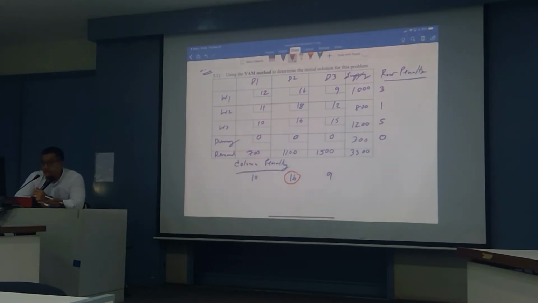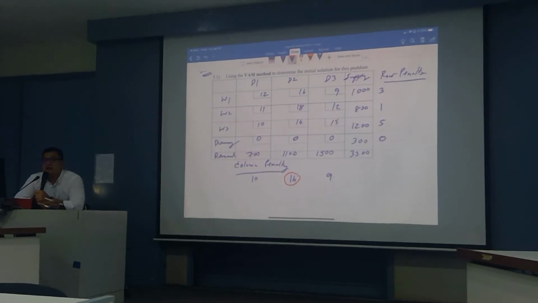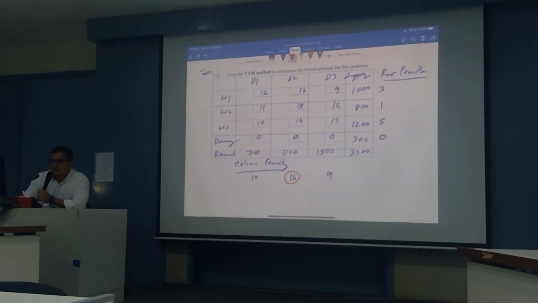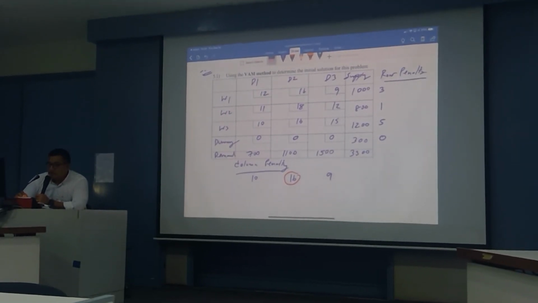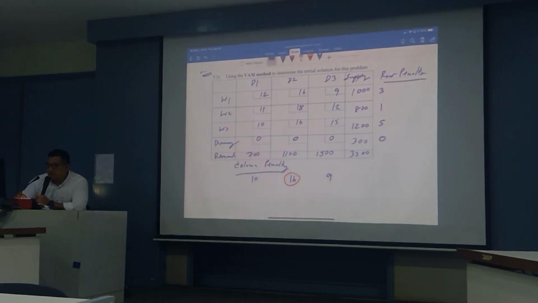So it means that now we're going to consider just the second column. Based on the second column, we're going to choose the cell that has the lowest cost. That will be this cell. Then we select the cell and allocate the number.